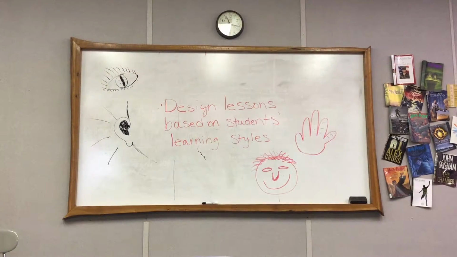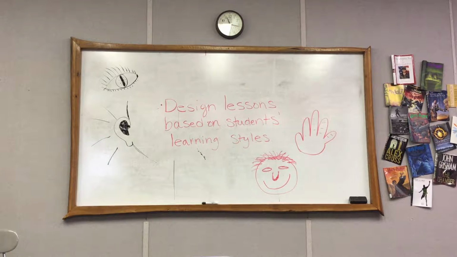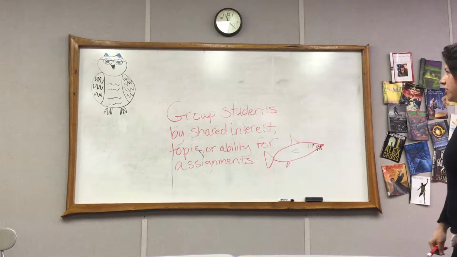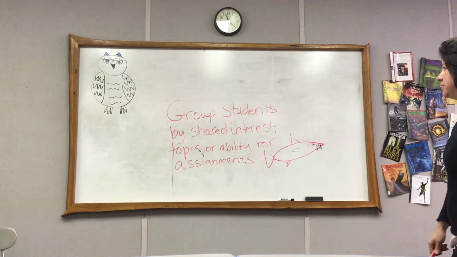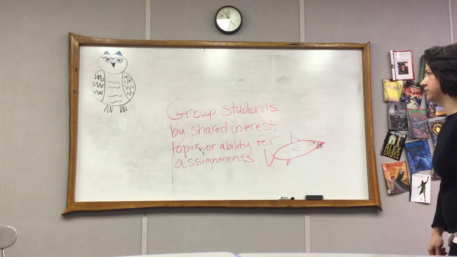Our teacher who is using differentiated learning techniques is designing lessons based on the students' learning styles. We want to include students who are auditory learners, visual learners, and kinesthetic, or hands-on, learners. Another key component of differentiated learning is to group your students by shared interest, topic, or ability for assignments in the classroom.